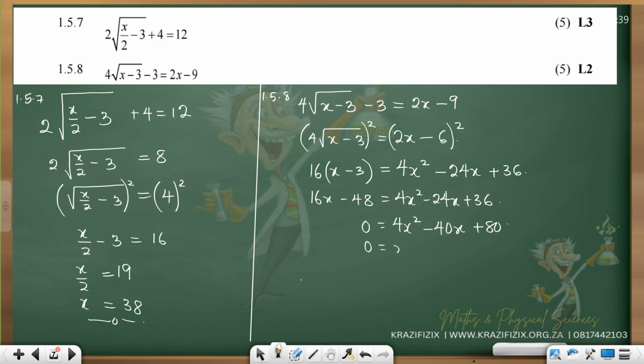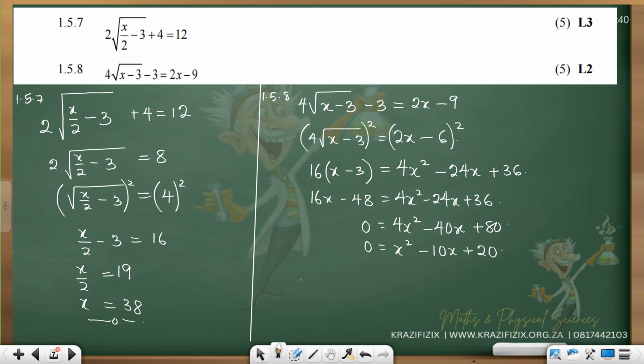We can divide across by 4. X squared minus 10x. Dividing by 4. Is that correct? 20. Is this correct? Please check. I want to make sure we don't have any errors. 24 and 5 will give me 20. 10 and 2.